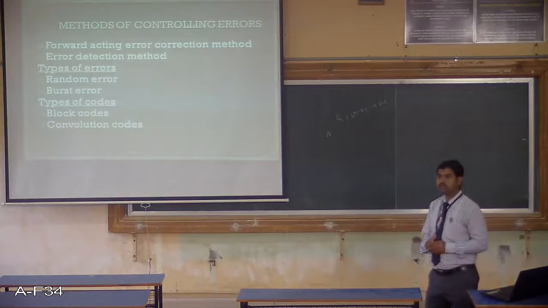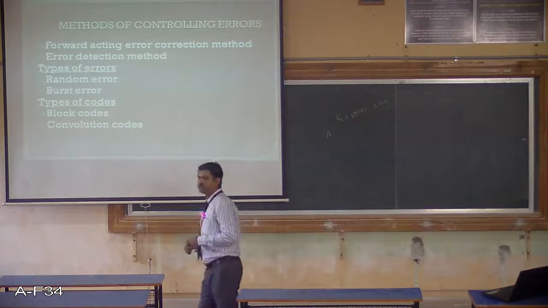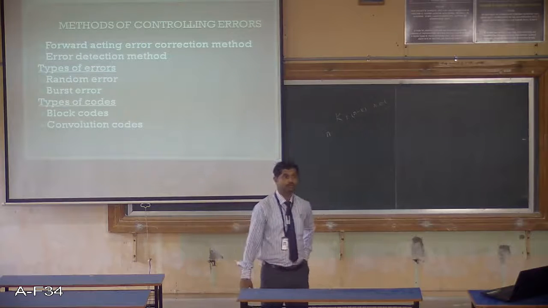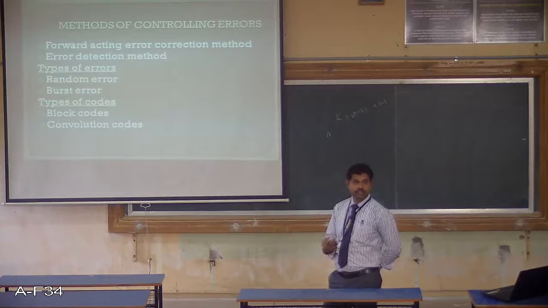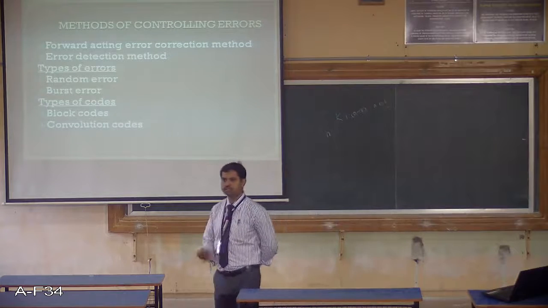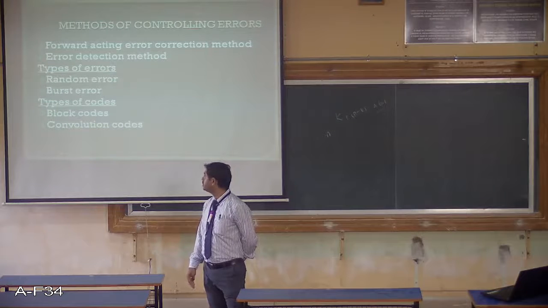And types of codes: we use certain coding techniques to deal with these problems. There are plenty of codes, but these are the two important codes most frequently used, and we are going to discuss these two.